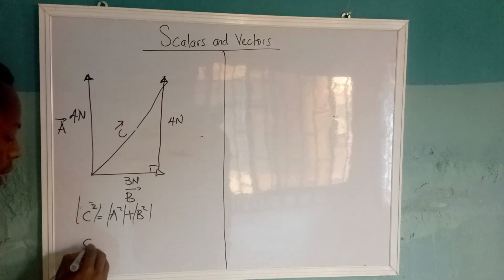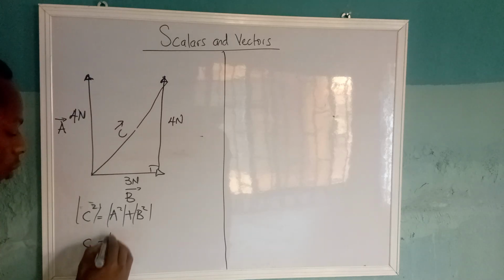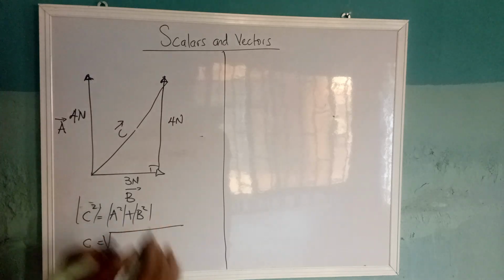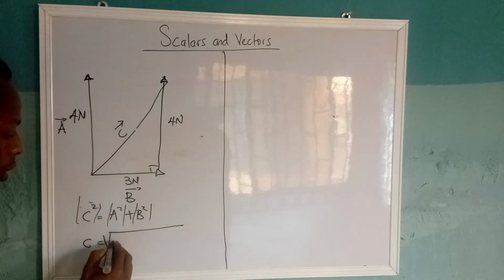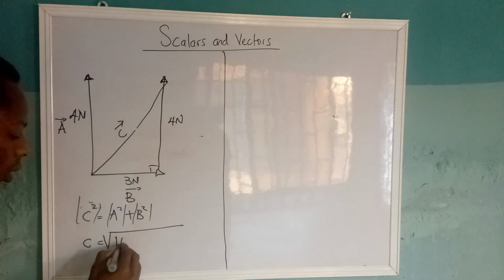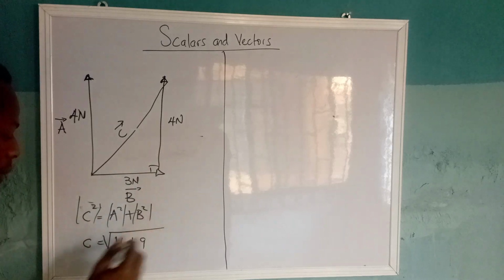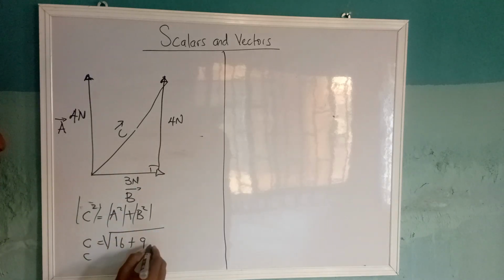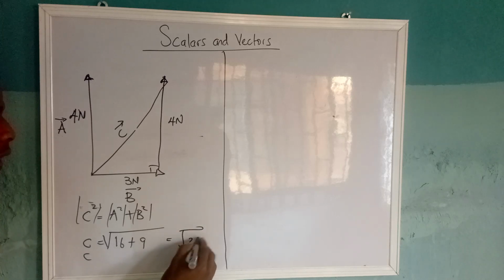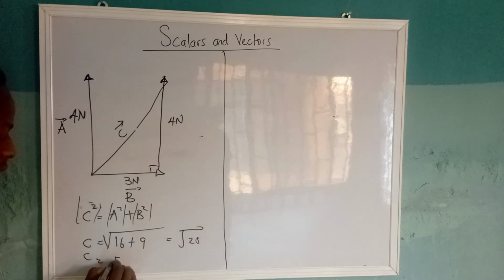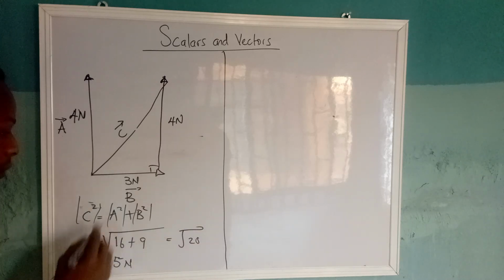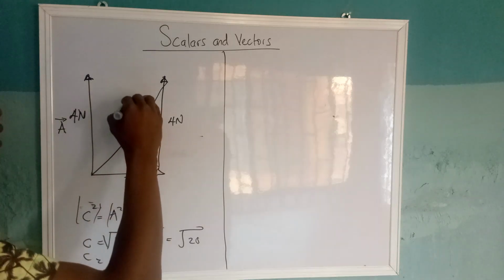So the magnitude of c will be the square root of a square plus b square. The square root of 4 square, which is 16, plus 3 square, which is 9. We add both together, and this becomes the square root of 25, and the square root of 25 is 5. Now 5 Newton is the magnitude of the resultant.